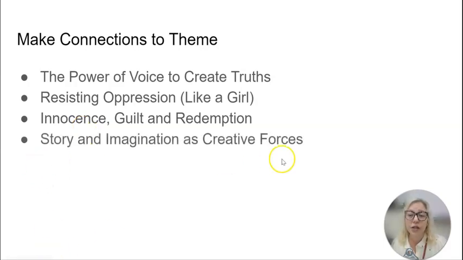The story and imagination as creative forces is our last theme. And this one is, I think, pretty clear when we think about how telling a story from one's point of view, through our own eyes, is an act of agency. If we tell our own story, it's a creative force to share with someone else.